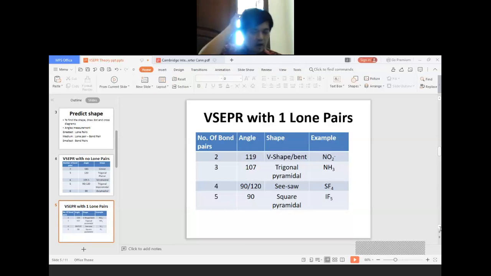So there are two electrons not making any bond around iodine. This makes one lone pair. Okay, so this one we have to learn by heart.